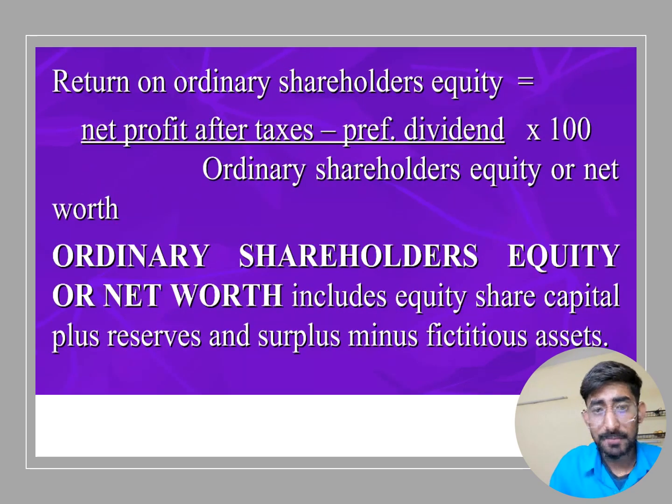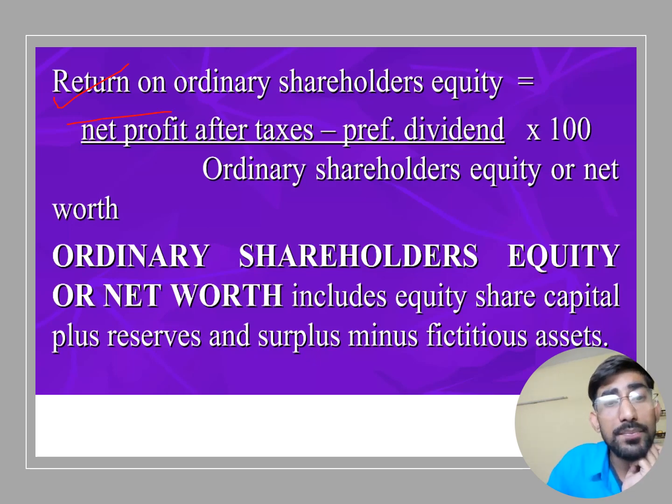So coming up, there is another part of this, which only deals with the ordinary shareholders equity, that is, only the equity shareholders. So return on ordinary shareholders equity equals net profit after tax, and we will just deduct the preference dividends.